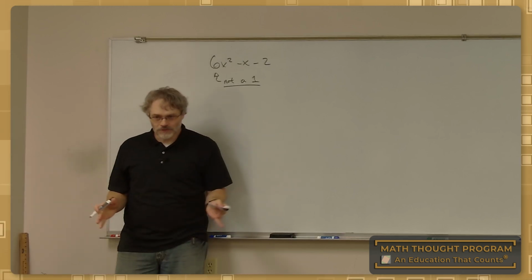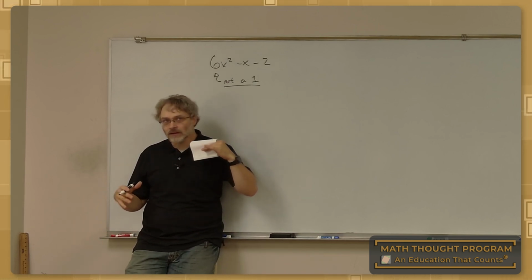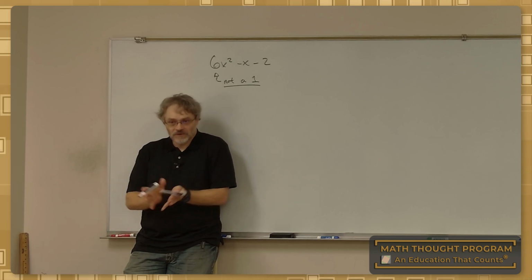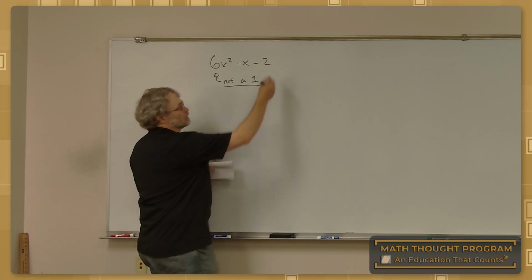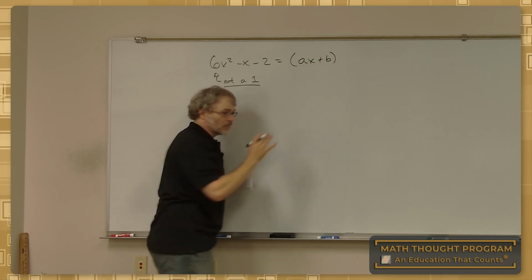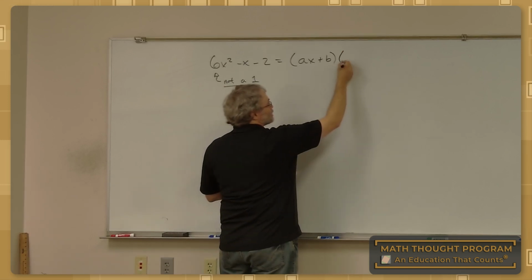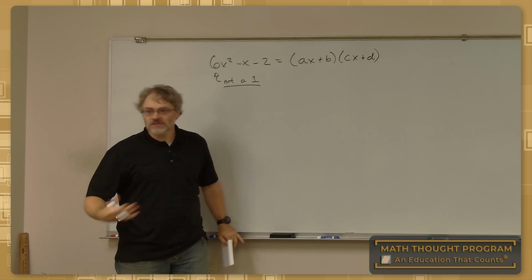Now, again, I want to pause for a second and see how this problem is really working. If I'm going to factor this polynomial, it must factor as (ax + b)(cx + d).